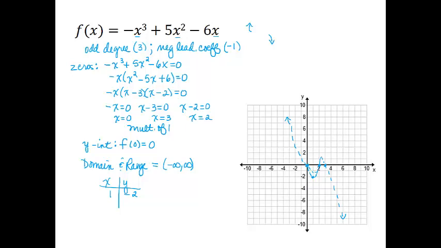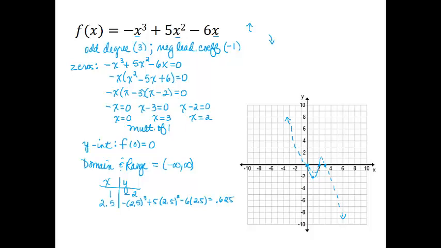And then maybe at 2.5 I'd have to plug in a value if I want to see how far it goes up above the 2, between the 2 and the 3. I'd have to use my calculator to obtain that value. And when you plug in the 2.5, you actually get 0.625.